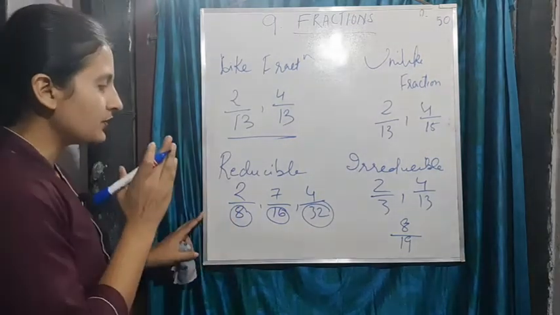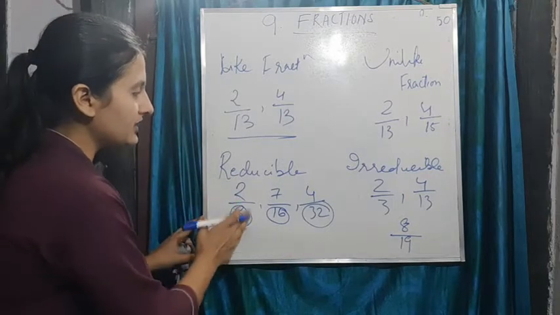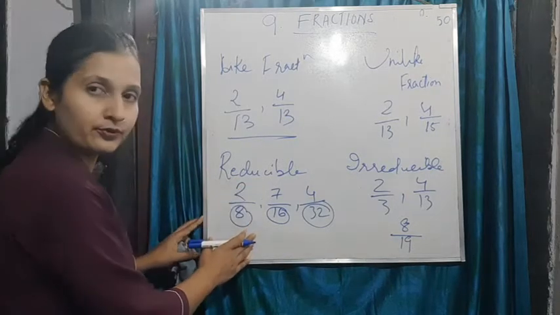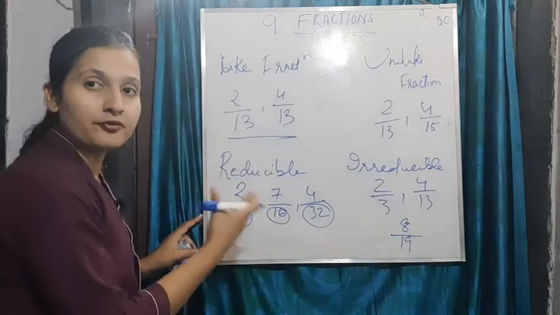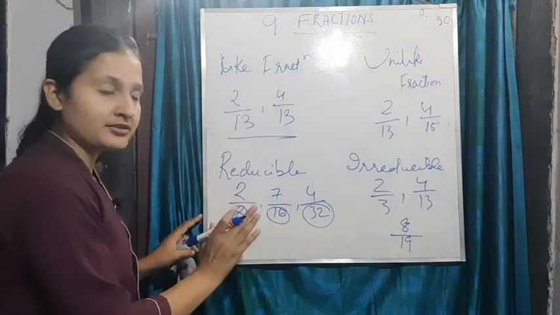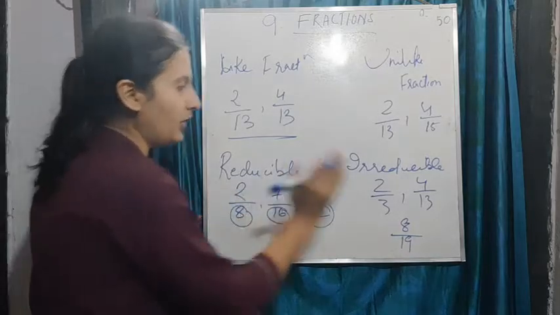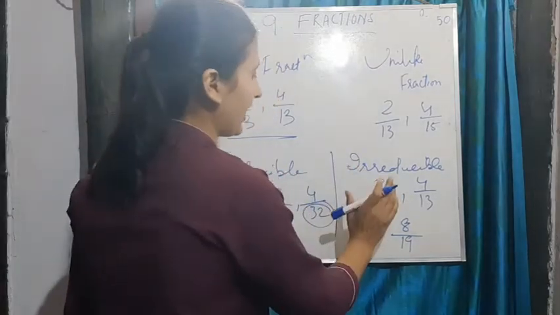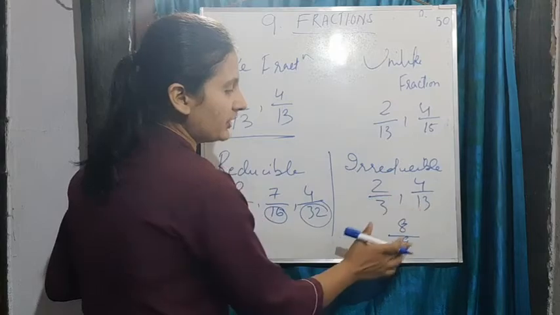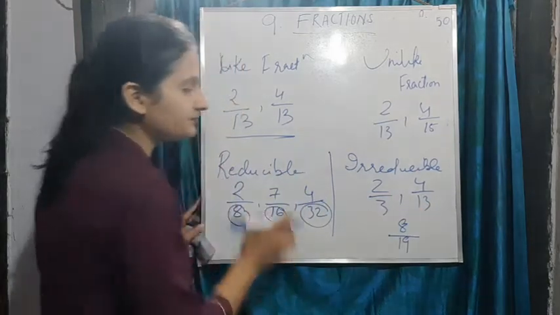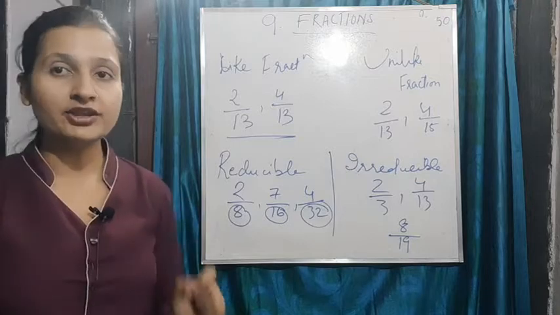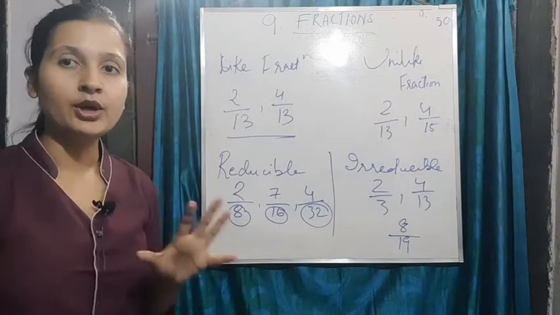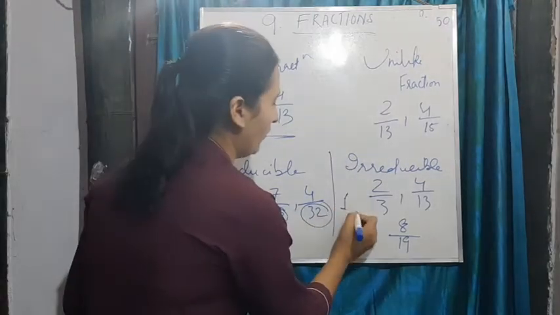So this type of fraction is called a reducible fraction, where you can reduce it, where you have more than one common factor. On the other hand, in irreducible fraction, just look at the denominators, the only common factor they have will be 1.